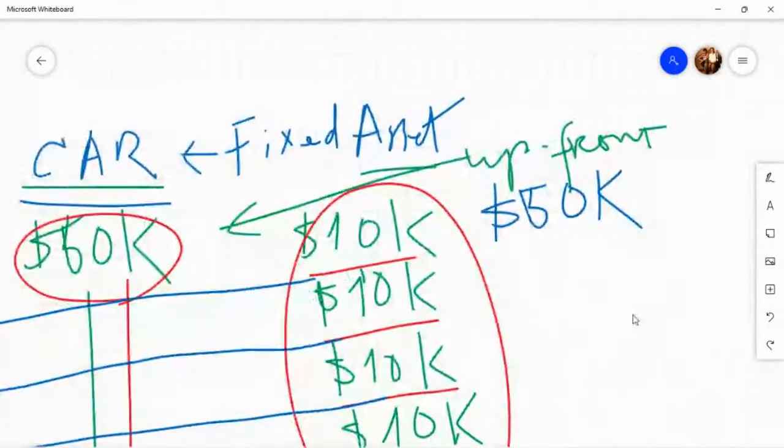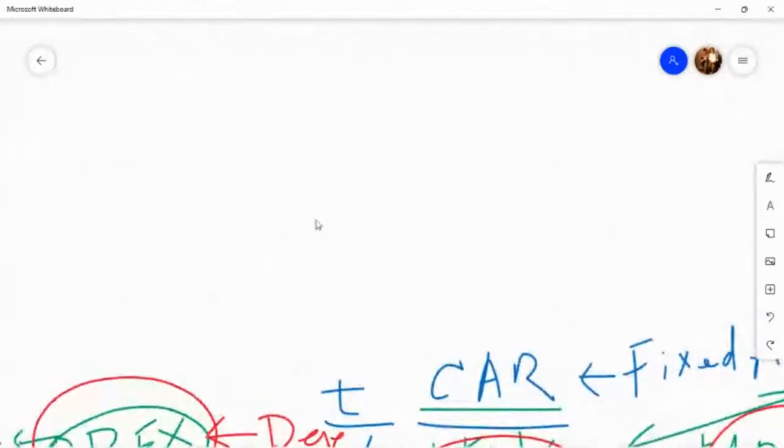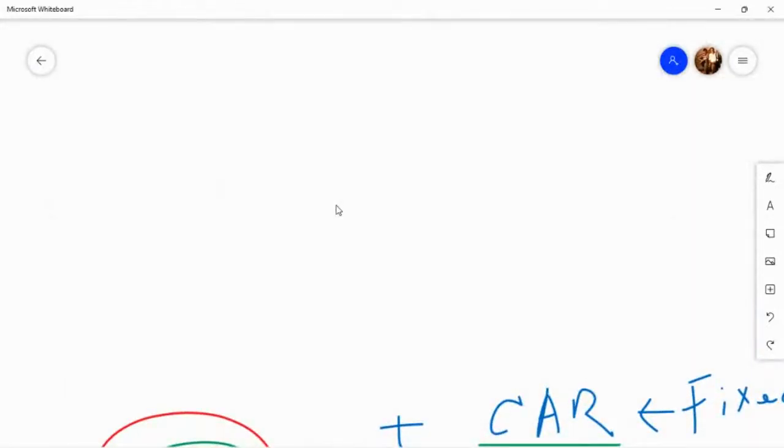But then think about it. If you are writing off that $50K as an expense in year one, you all understand that will decrease your taxable income by $50K. Why, you all know.